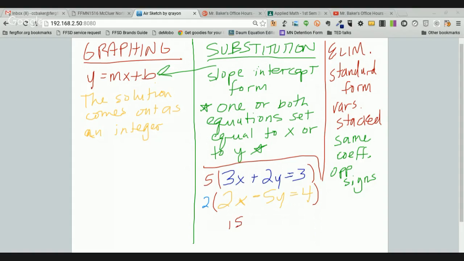That gives me 15x plus 10y equals 15, and 4x minus 10y equals 8. So now you'll see that set up, if I were to add down, those would cancel, and I'd be able to solve for x.